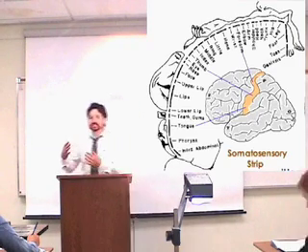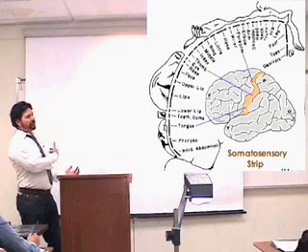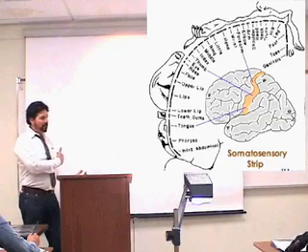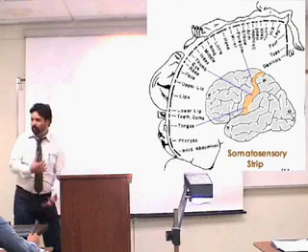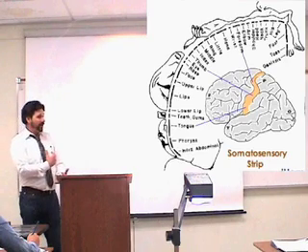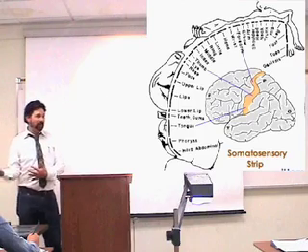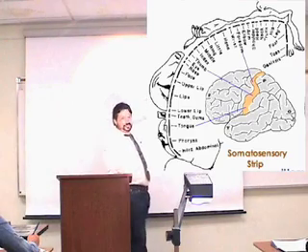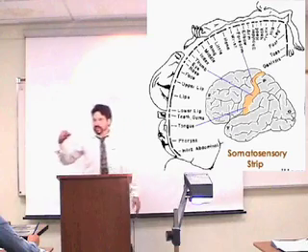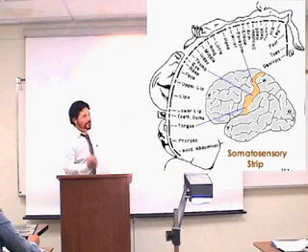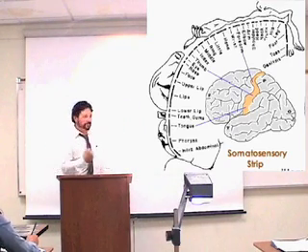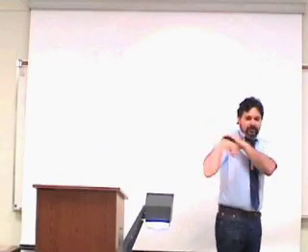So just how a person could lose all sensation of half their body, conversely, they could have all kinds of weird pains on their body when there's nothing wrong with the body, or if they lose part of the body, that representation is still there. So they actually continue to feel having an arm or a leg, and it's called phantom limb. Sometimes what they feel is just the hand.